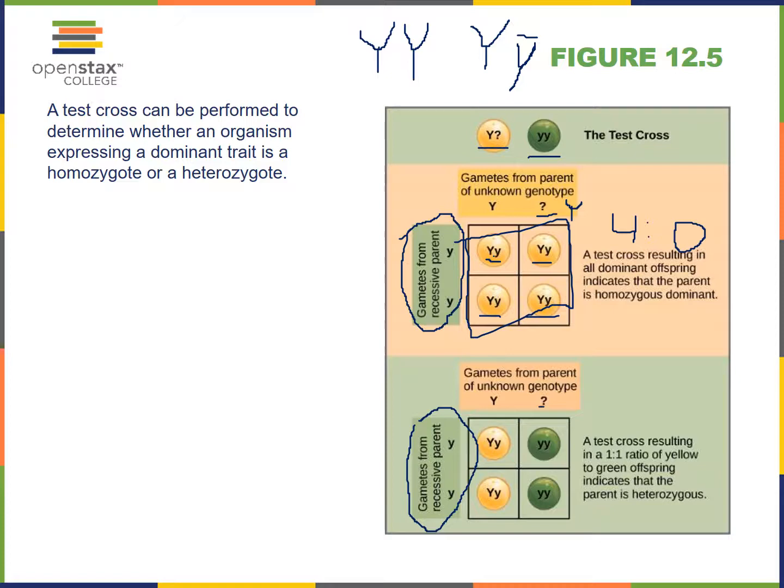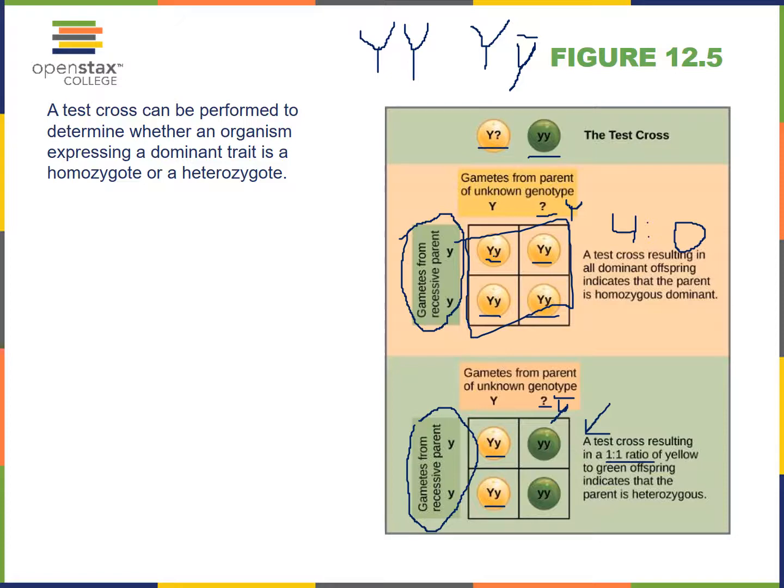If this question mark is a lowercase y, this is the square you get, and the ratio you get is a 1-to-1 ratio. So you get a big Y, little y here, big Y, little y here.